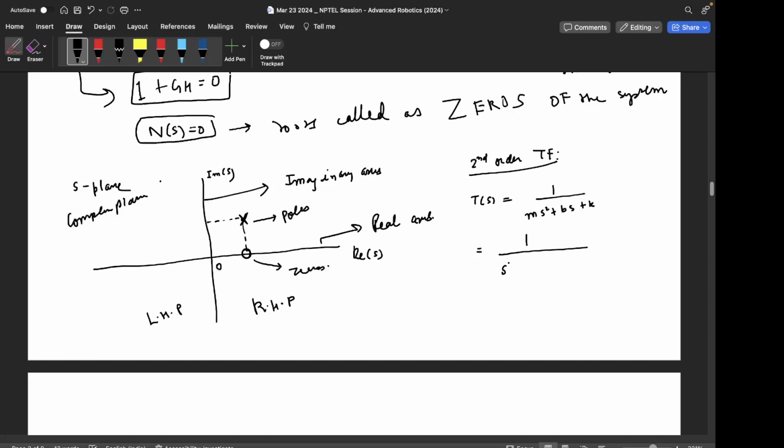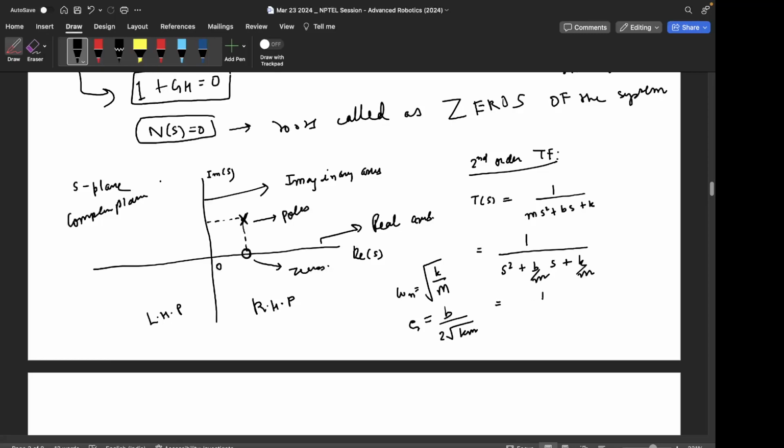So we divide by m, and what you know is that we define omega n as root k by m and xi as b by 2 under root km.